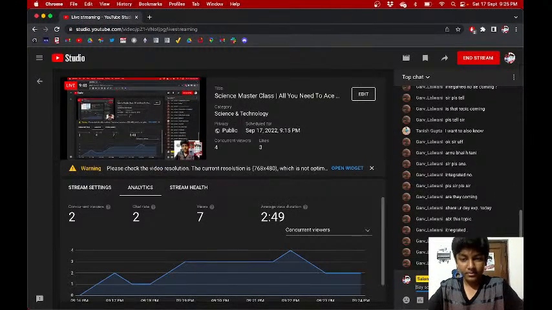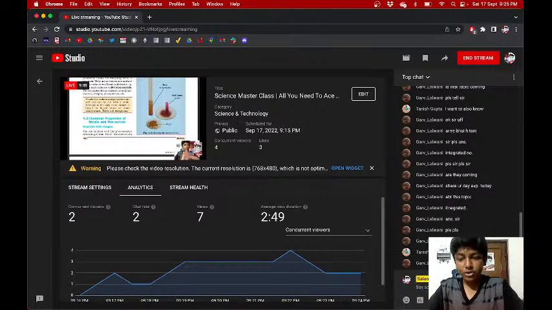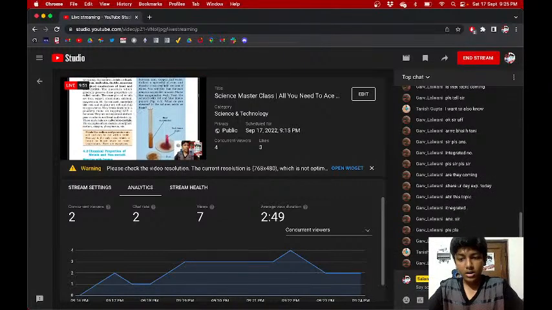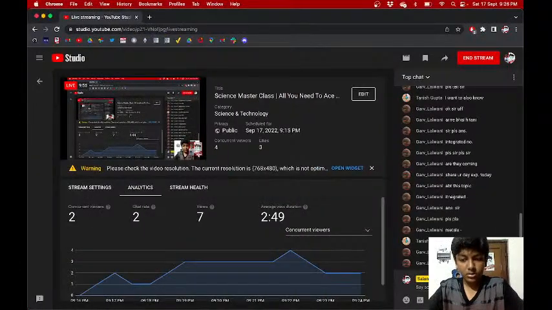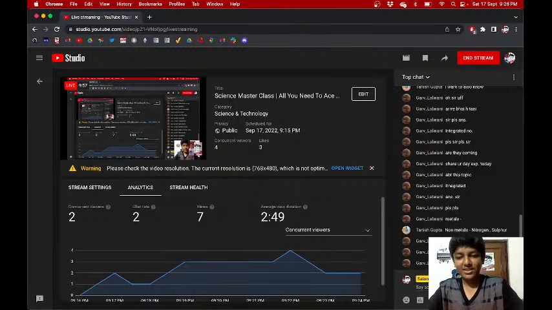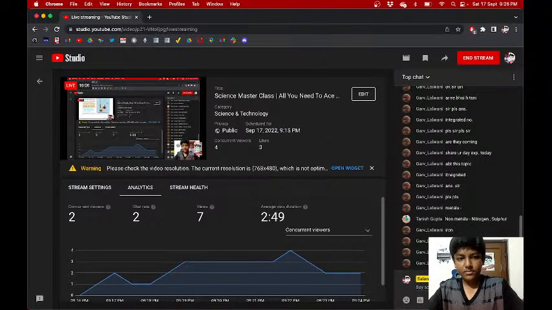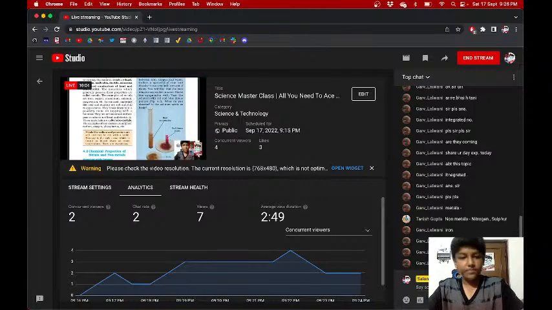Non-metals, nitrogen, sulfur, very good. Metals, iron is already mentioned. Okay, pretty good.